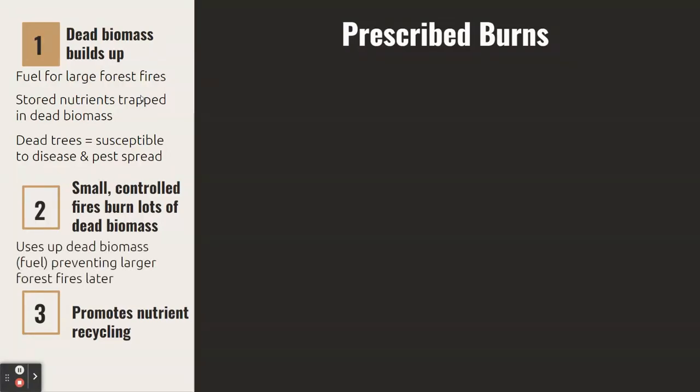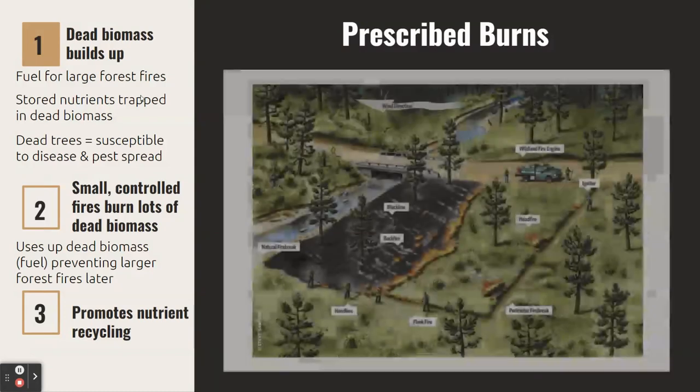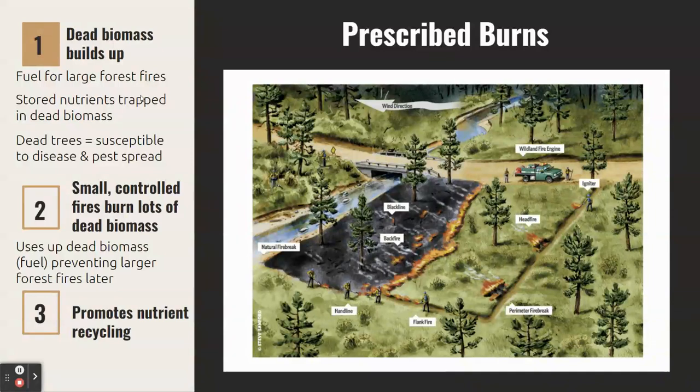So what we see is the start of small controlled fires, which burn lots of that dead biomass. It uses up that fuel to prevent larger forest fires later. You can see this is very well thought out. This is a very thoroughly planned process. In our picture here, you can see there's a perimeter fire break, so there are people all around that fire break to keep the fire in the contained area that they want it in.